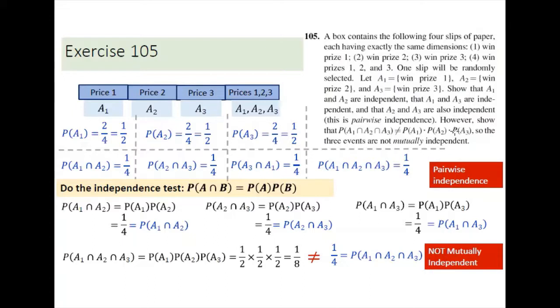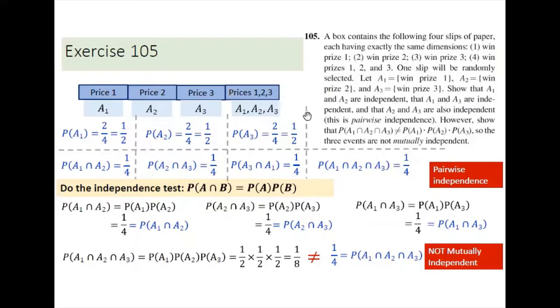But here, however, show that the probability of A1, A2, A3 is not equal to the probability of A1 times the probability of A2 times the probability of A3. So what is the probability of A1 and A2 and A3? It means winning prize 1 and prize 2 and prize 3. So again there is only one possible outcome: picking slip 4.